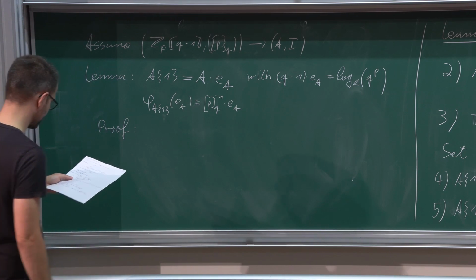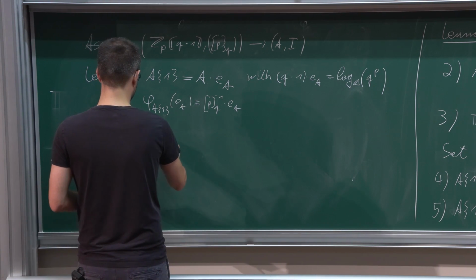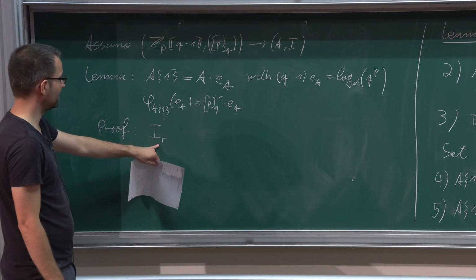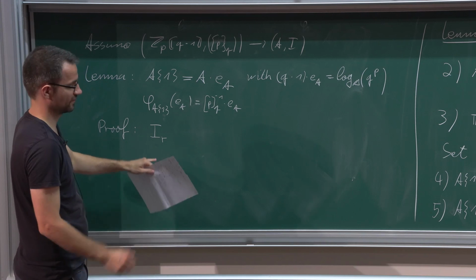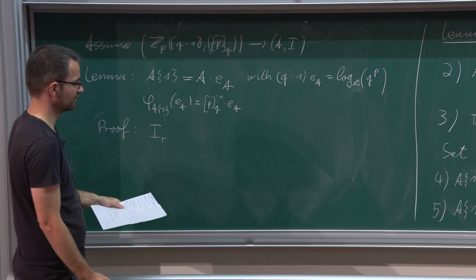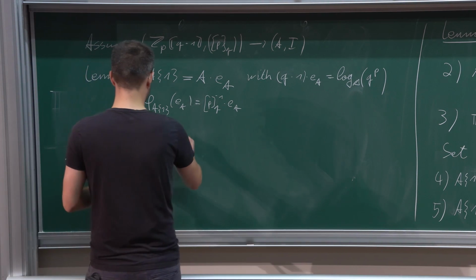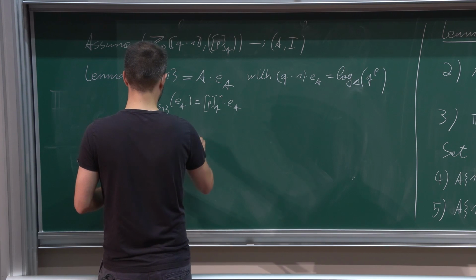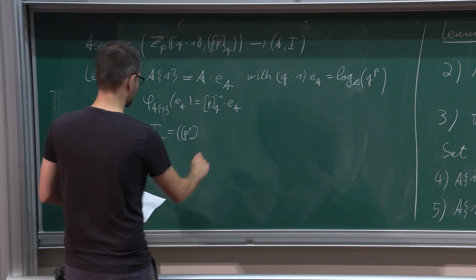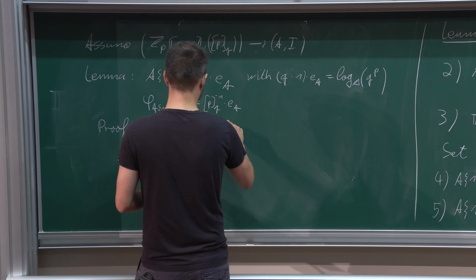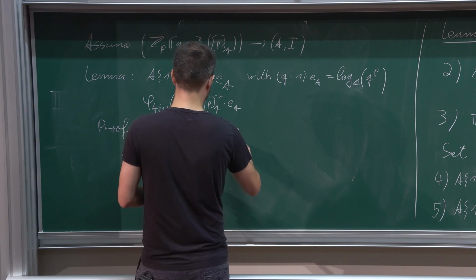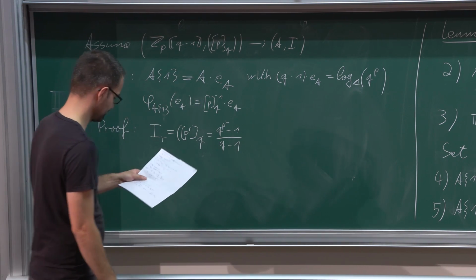And so why does this follow? So let's consider the ideals I_r in I_R. So these are the powers of Frobenius, pullbacks of I. And so in this case, this just is given by the q-analog of p^r, which is q^(p^r) minus 1 modulo q minus 1.